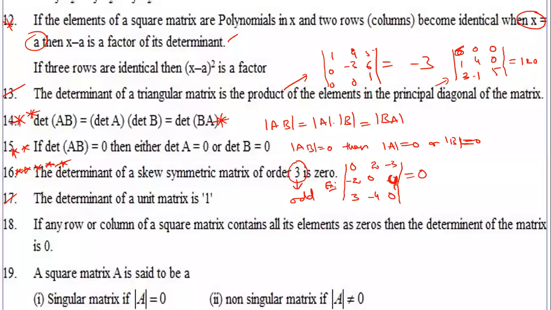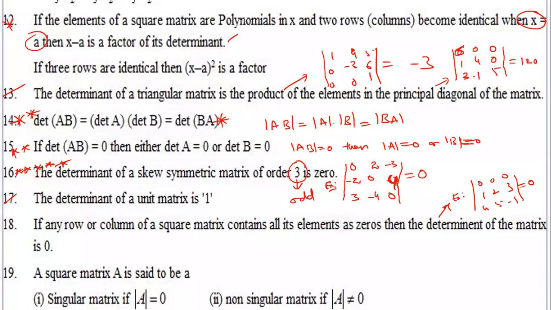If any row or column of a square matrix has all its elements zeros, what is the determinant? Anyone? Example for this case: 0, 0, 0, 1, 2, 3, 4, 5, minus 1. What is your answer? Yes, 0. That is the simple answer.